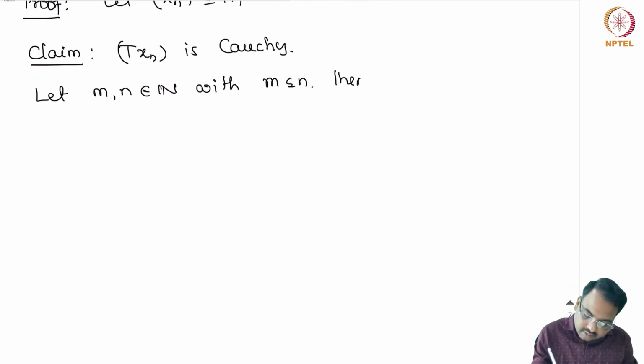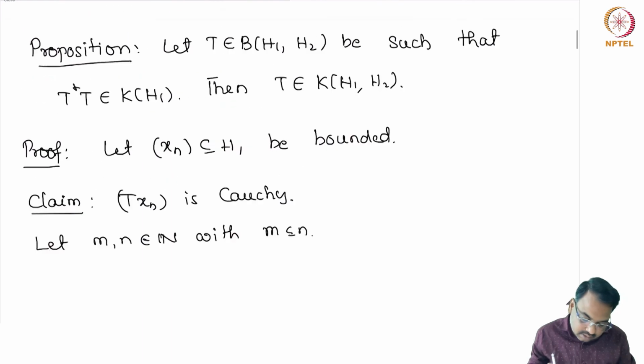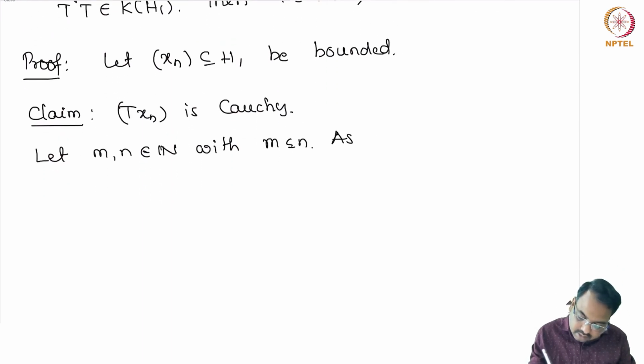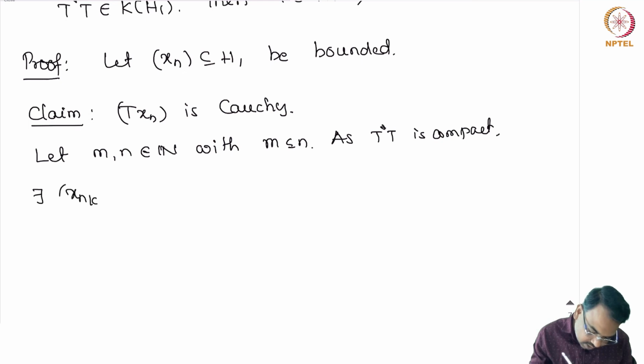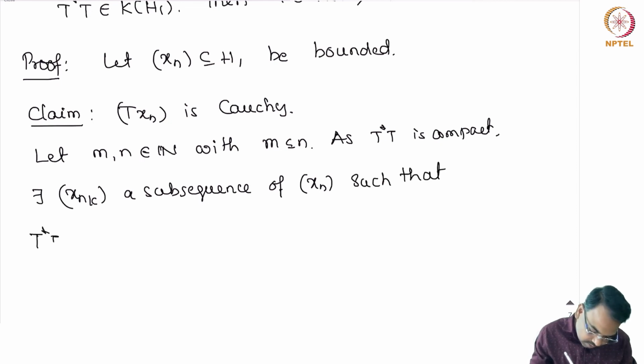Since T star T is compact, there exists a subsequence xnk of xn such that T star T xnk is convergent.